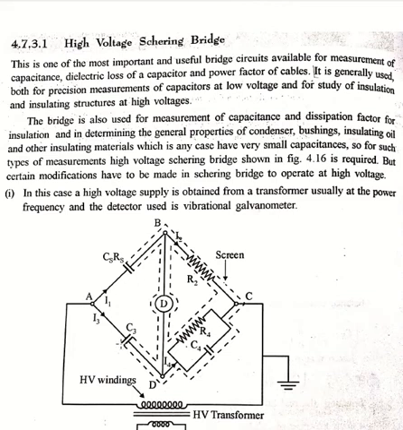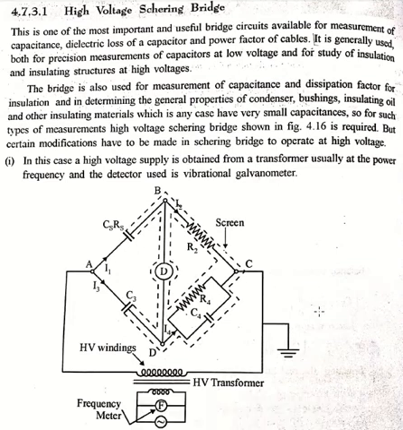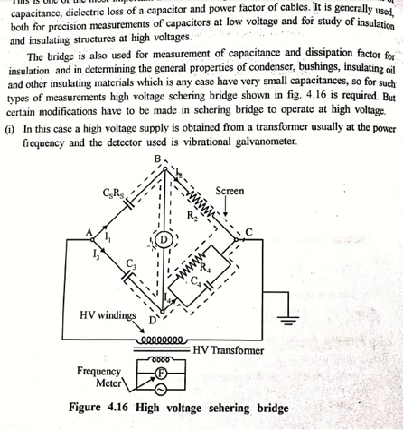This is an AC bridge, the high voltage Schering bridge. This CS and RS are the same as in our low voltage Schering bridge. Here C3 is a standard capacitor, C4 is a variable capacitor, and R2 and R4 can be varied for bridge balance.